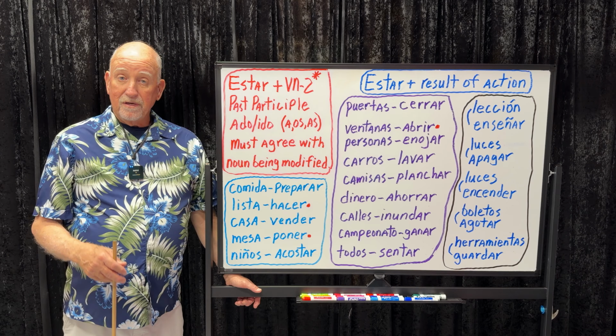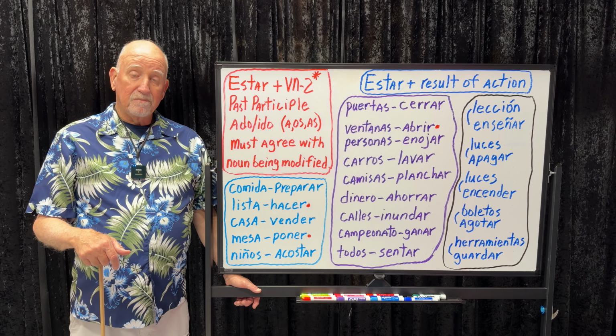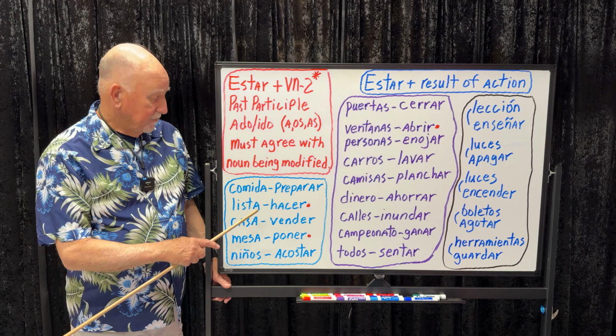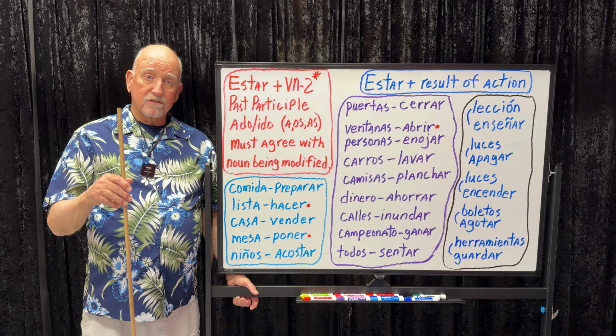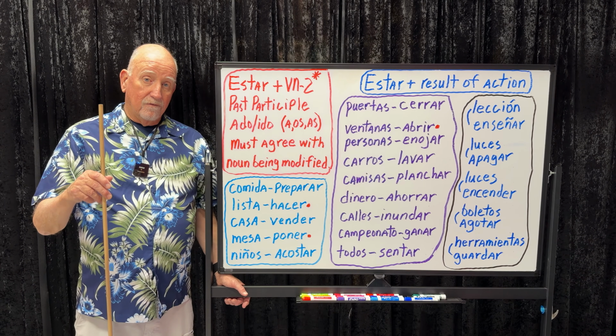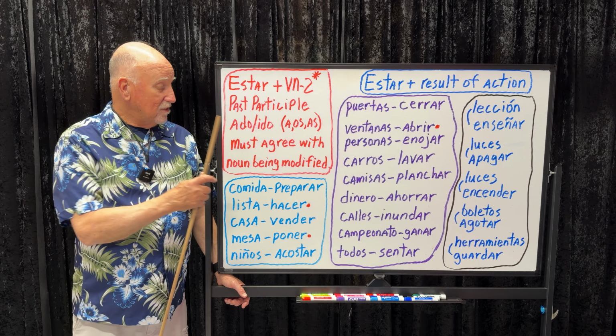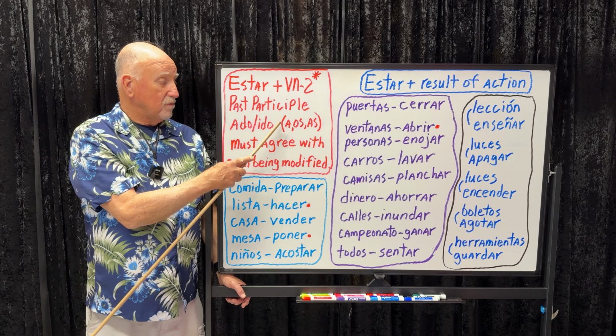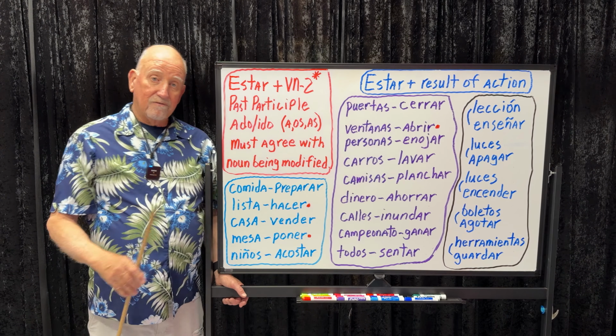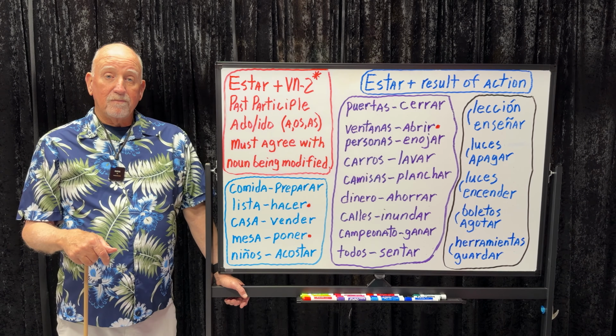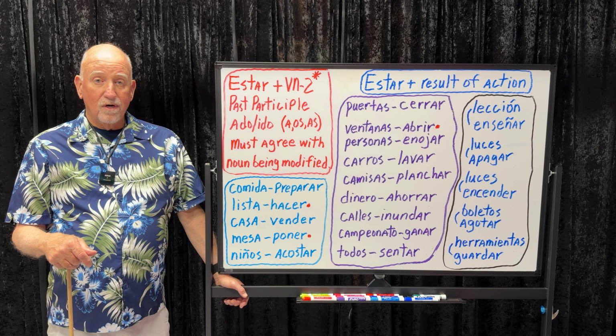The meal is prepared, la comida está preparada. And this is one of the big 3 or 4 bugaboos for new learners to Spanish. They don't make the adjectives agree with the noun being modified. They just say, la comida está preparado. Wrong. Not going to work.